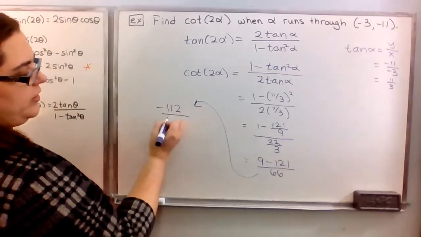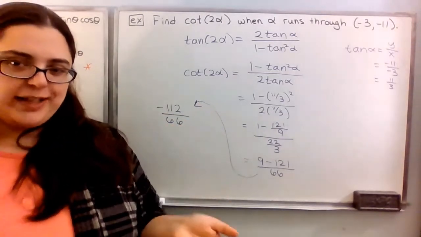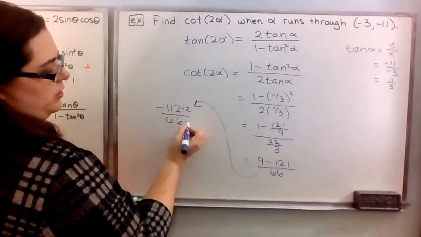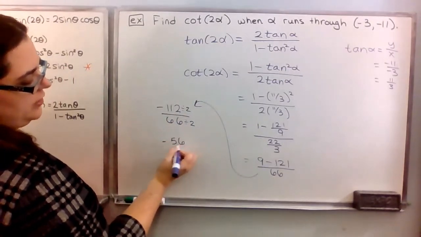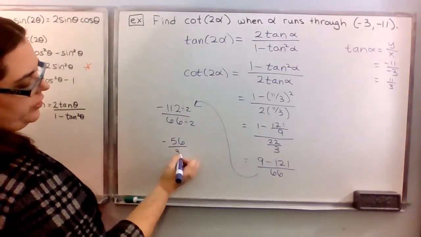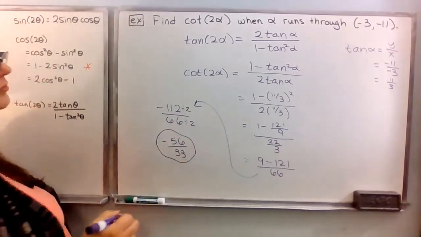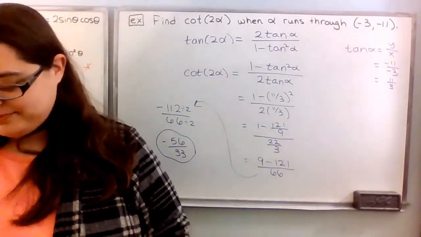Yep, I think that's what we get, over 66. Now both of those look like even numbers, so let's divide out a common factor of 2. So we're going to get a negative 56 over 33. So that's what we get for our cotangent of 2 alpha.